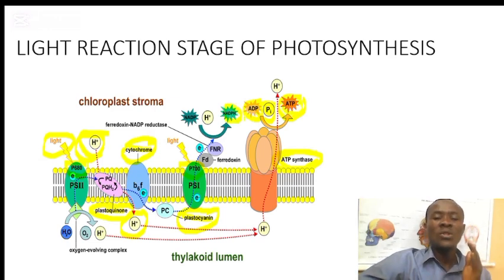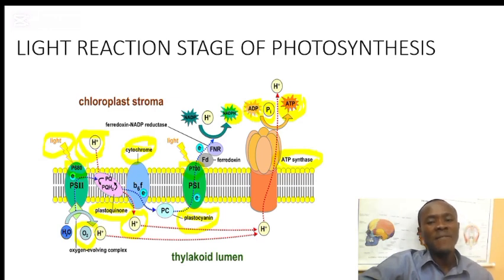Now at the end of this stage, NADPH and ATP will be used as the raw material in the dark reaction stage. But the oxygen that is being produced during the process of photolysis will be given out as the byproduct of photosynthesis.